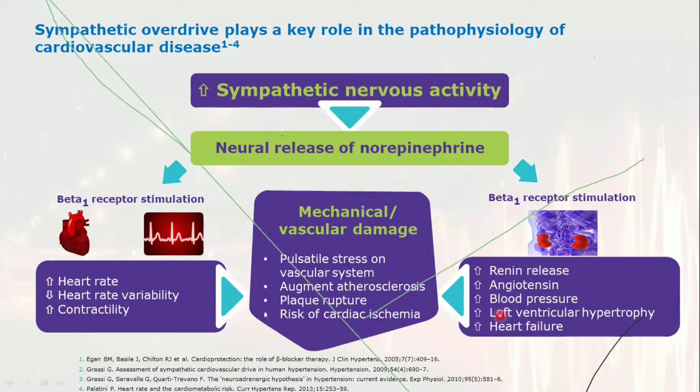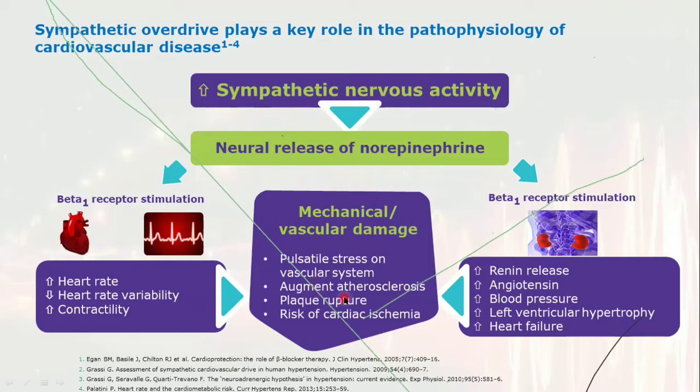And on both sides, when they are acting together, there is mechanical and vascular damage. There's an endothelial dysfunction, and as a result of that, there is vascular damage which augments atherosclerosis.